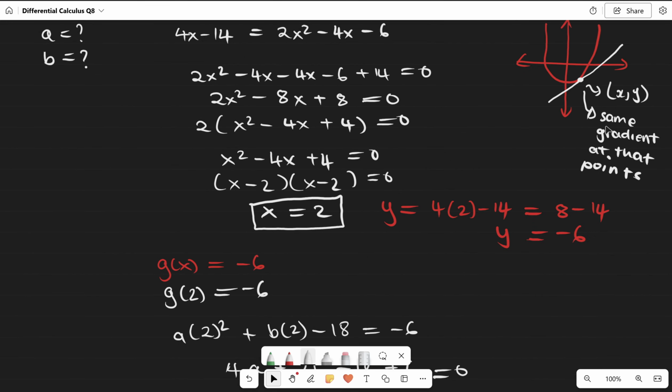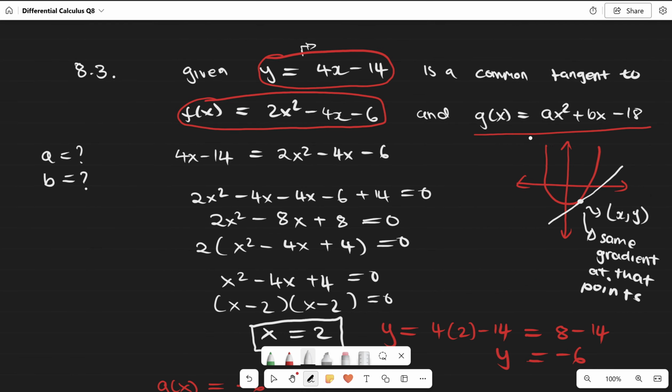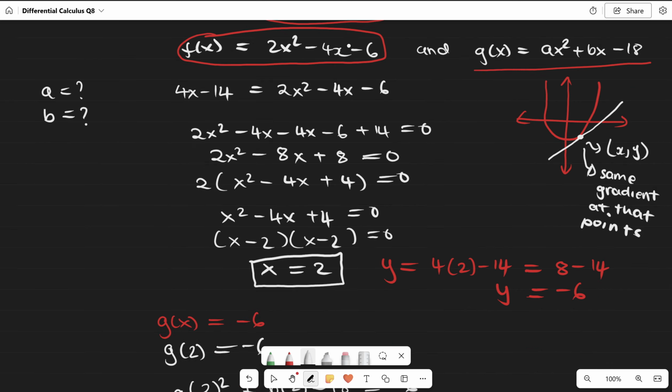So the other property that we said we know from this, we said that at this point where all these curves touch, we know that they have the same gradient at that point. And we know from the tangent line its gradient. Its gradient is what? 4. So if we know the gradient, we might use that information as well.